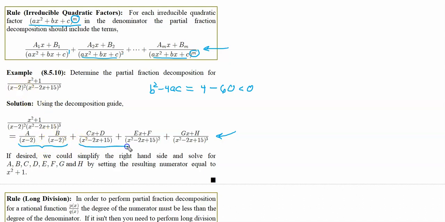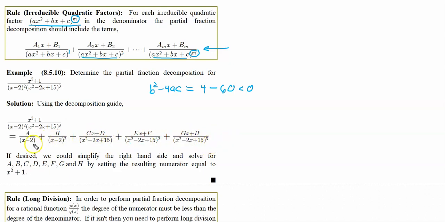And then these three terms come from the x squared minus 2x plus 15 cubed. So you notice we have cx plus d over our quadratic plus ex plus f over the quadratic squared plus gx plus h over the irreducible quadratic cubed. And so this is what your partial fraction decomposition would look like.